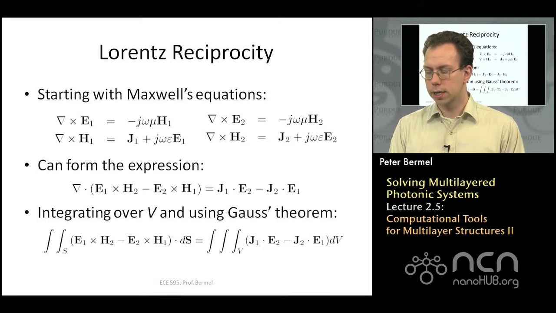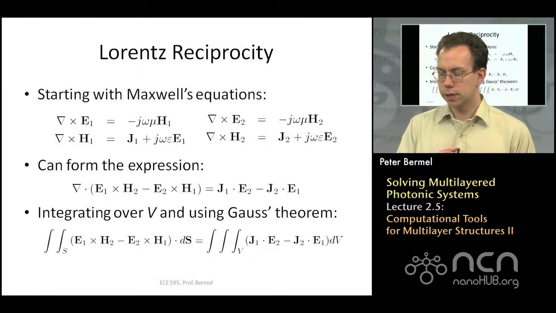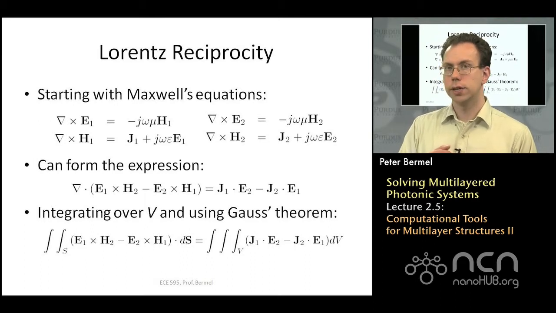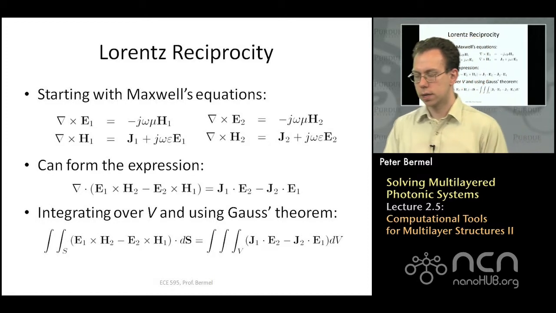Then we combine what's happening between the E and H fields, compose a Poynting vector S, take the divergence of that Poynting vector and say, based on the conservation of energy, that the divergence of the Poynting vector should be equal to the difference of power dissipated within that volume, at that boundary.